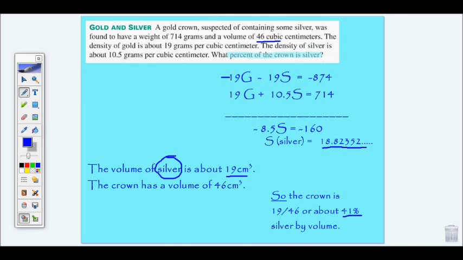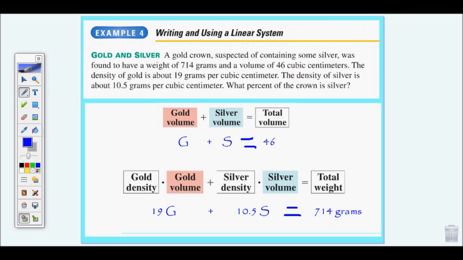I'm going to set those up again in the columns. This time, because I had nothing that would cancel each other out, I multiplied the first statement by 19. I needed to multiply to make sure that one of my variables would cancel out when I combined them.